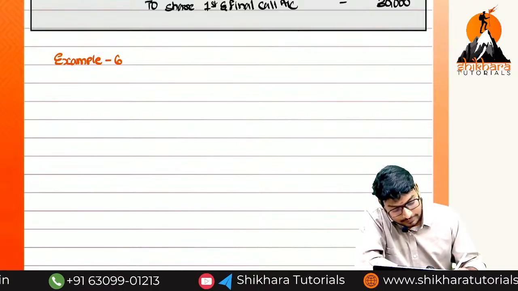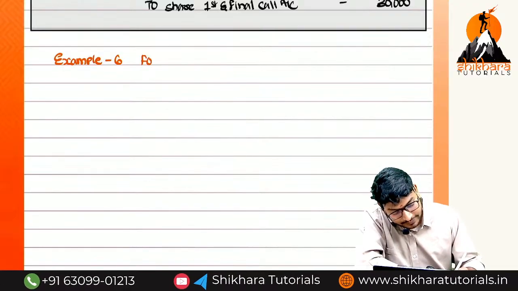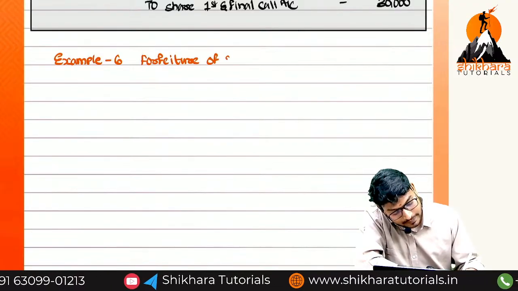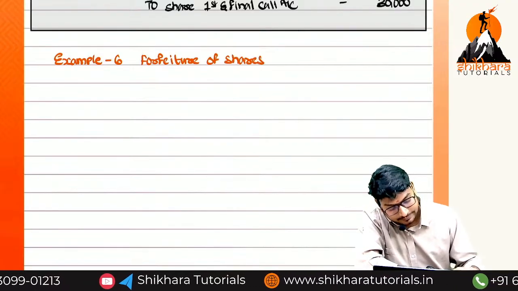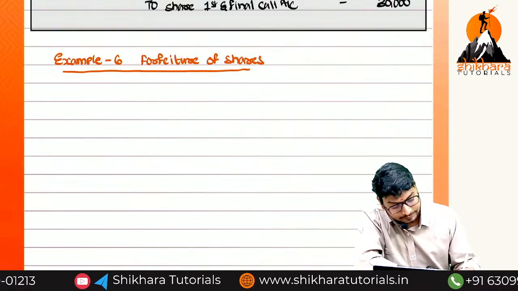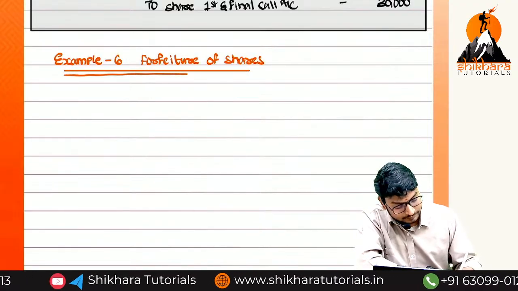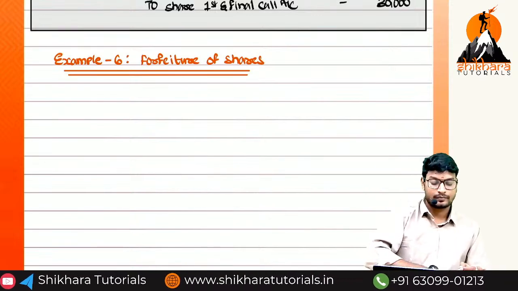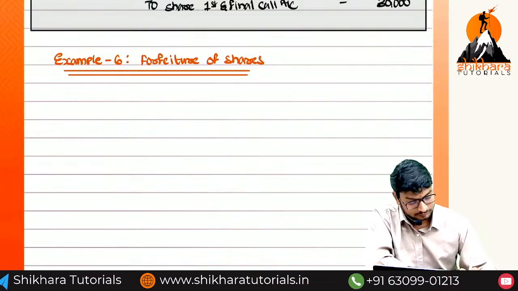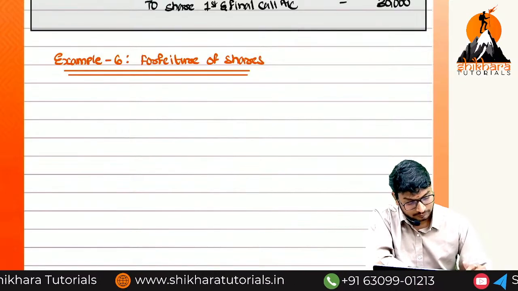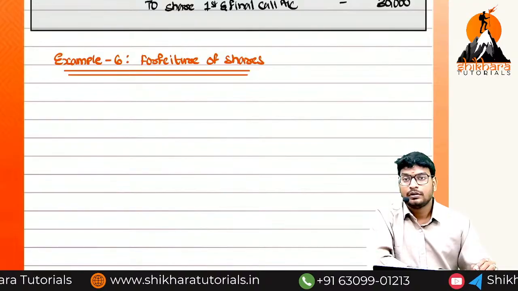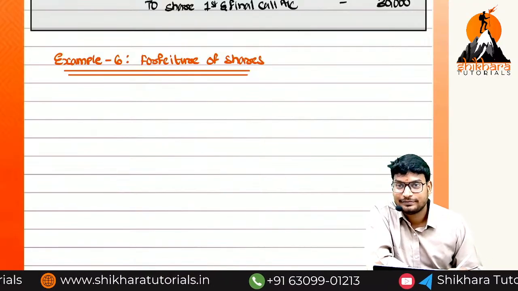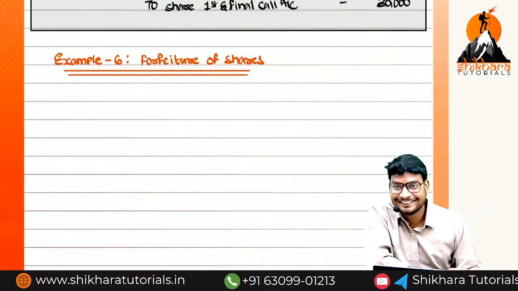So what is this one? Forfeiture of shares. We are going to start with the company name. Which company can we start with now? Again Radhika.